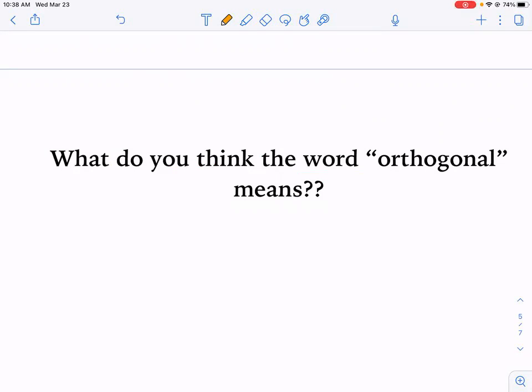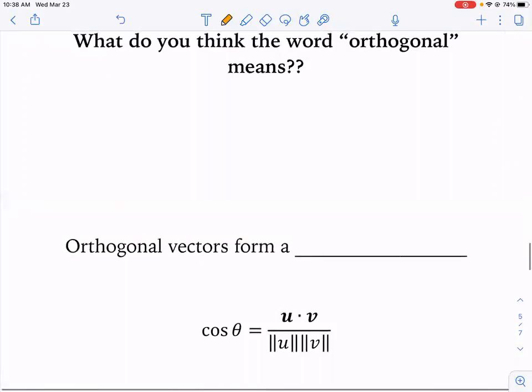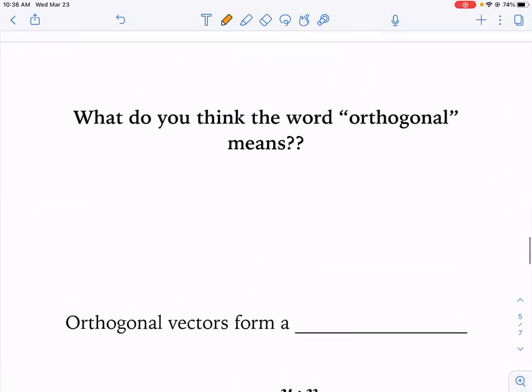And teeth are straight when they make what kind of angle with your gum? Oh, okay. Orthogonal vectors form a 90-degree angle. I didn't say that. Hold on, I've looked this up before.